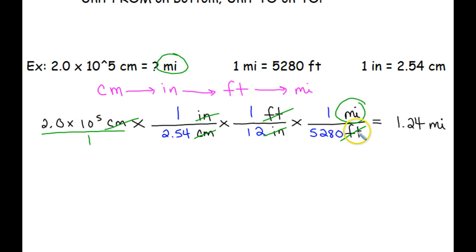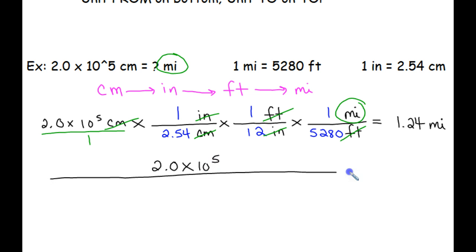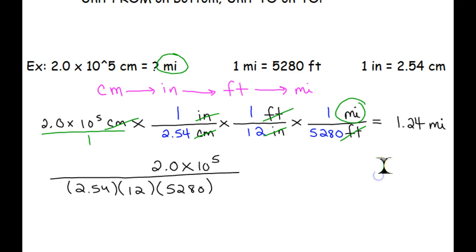Look at these and see that they're fractions. If I were to rewrite this, you would have 2.0 times 10 to the 5th on top. And the bottom of your fraction would be 2.54 times 12 times 5,280. So my fraction was a tad large.